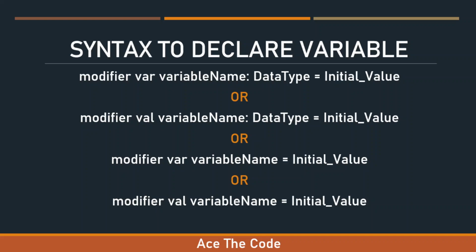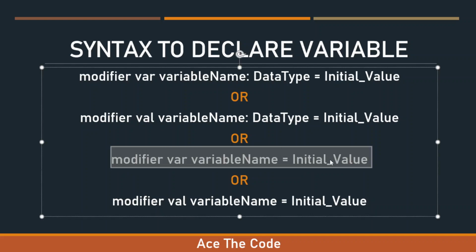So var or val keyword followed by the variable name, followed by a colon symbol, followed by the data type, and equal to the initial value. In Kotlin, it is perfectly fine to ignore specifying the data type, and hence we have this declaration as well.